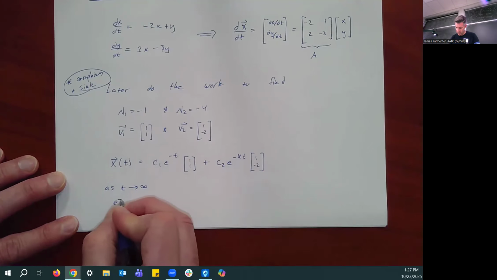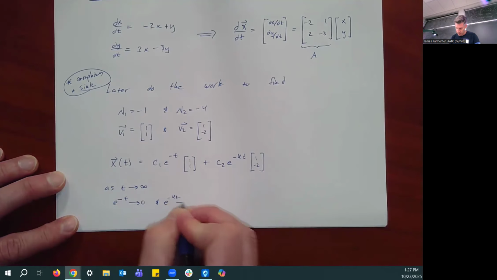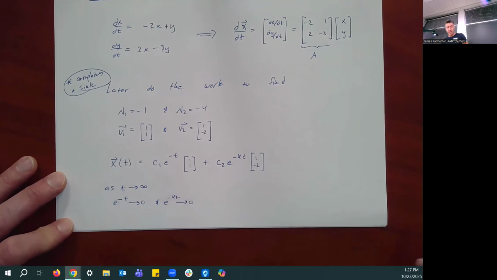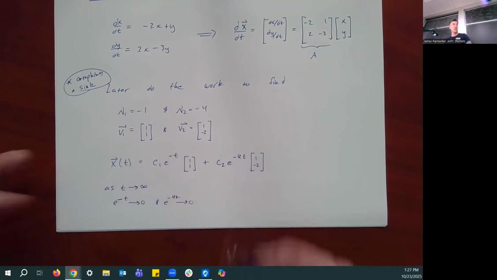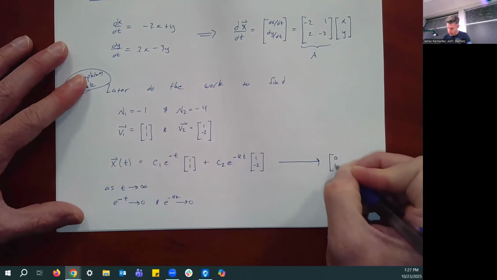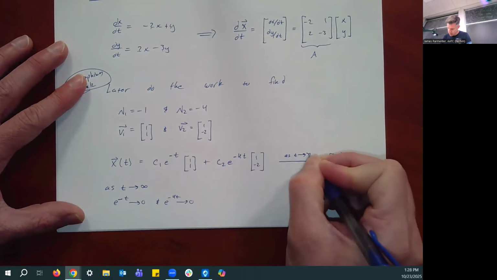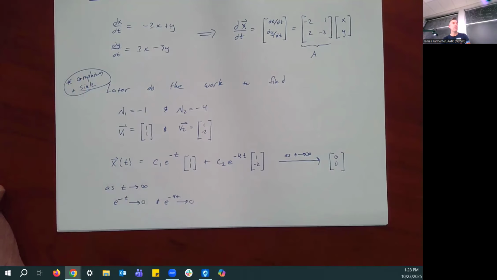So this whole thing goes to 0, 0 as t goes to infinity. Meaning, if we're thinking of this as populations, both populations are going towards extinction. You're going to get 0 wolves and 0 deer if this is your model for growth.